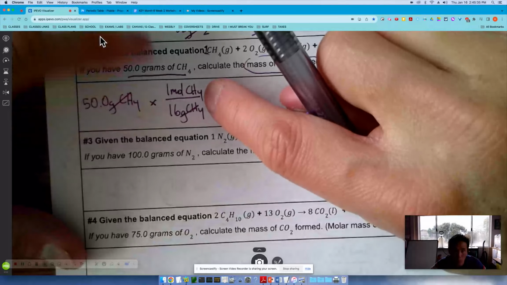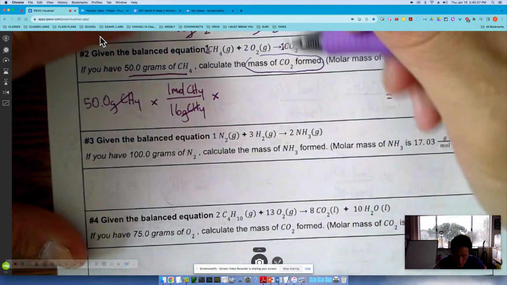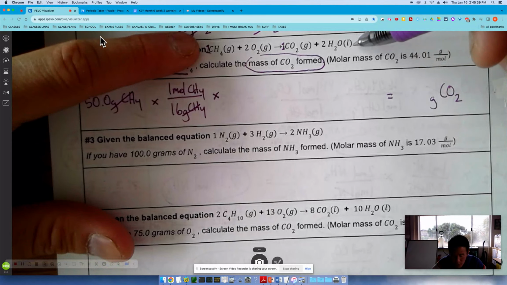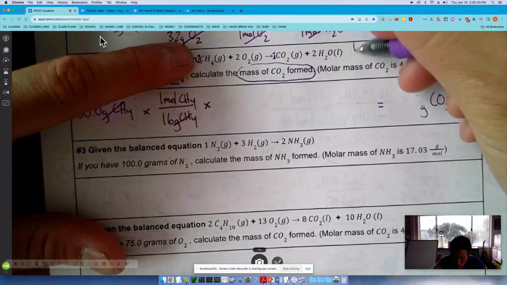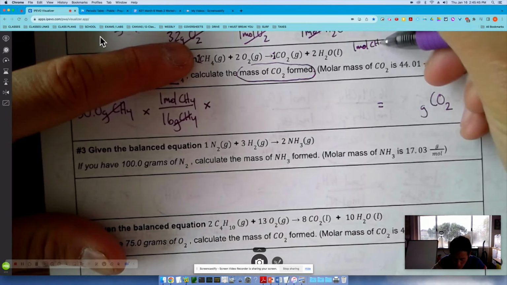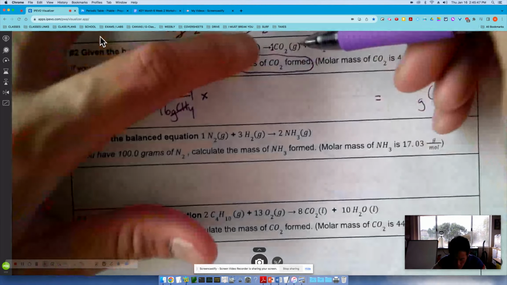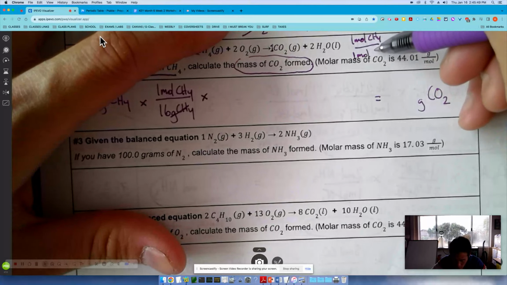We're going to multiply all this by the conversion factor I can make from this chemical equation. I know that for every 1 mole of CH4, I can create 1 mole of CO2.